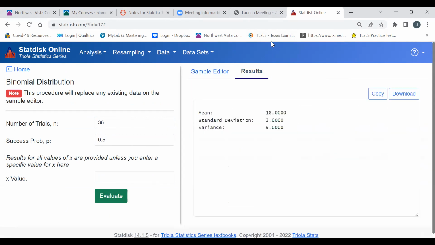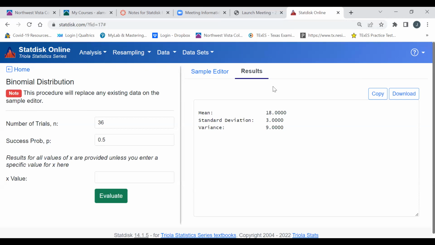Bam, there it is. And I have to round off to the tenths. So 18.0 is my mean. Standard deviation is 3.0. Let's do variance. What the heck? Might as well, right? Sigma squared is 9.0. There is part A.